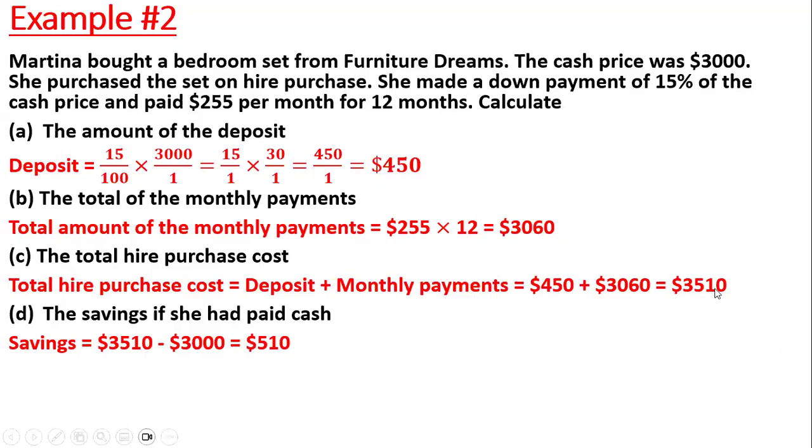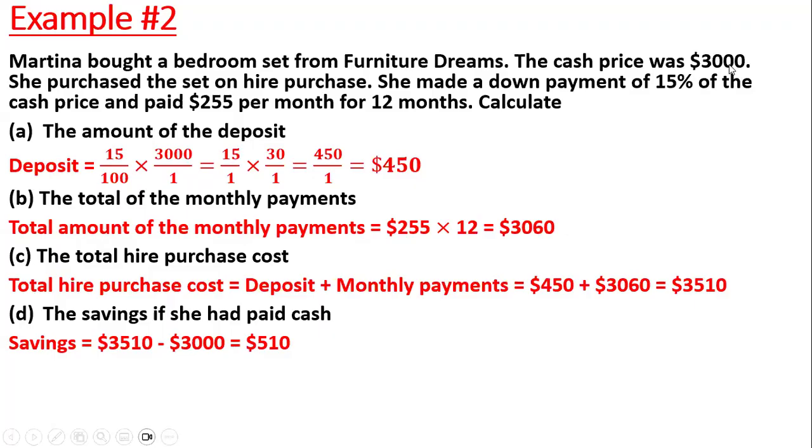Now, this is what she paid with hire purchase. But if she paid the cash price, what would it be? What's the cash price of the bedroom set? It's right there. 3,000.